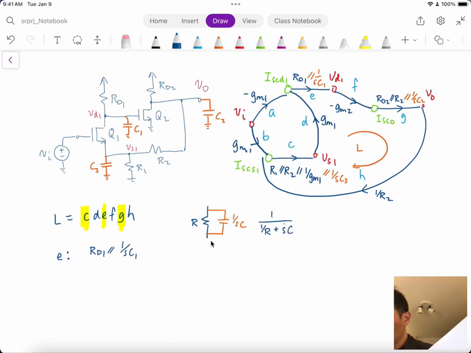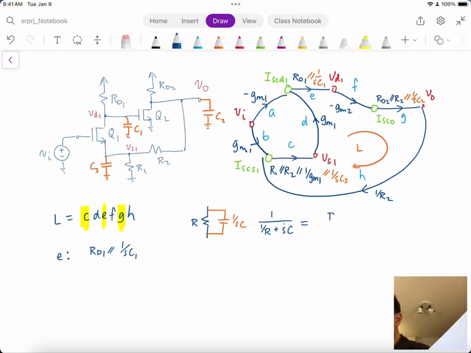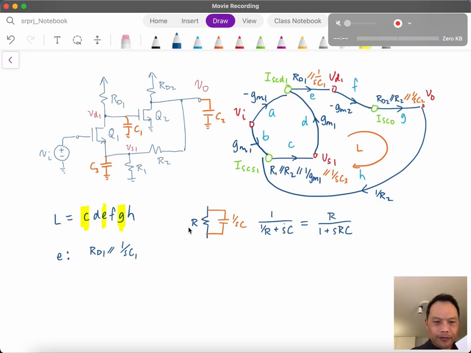And so you can see the equivalent impedance becomes multiplied by R on the top and bottom, and you get 1 plus SRC. What used to be simply R, we have a new term in the denominator, 1 plus SRC.